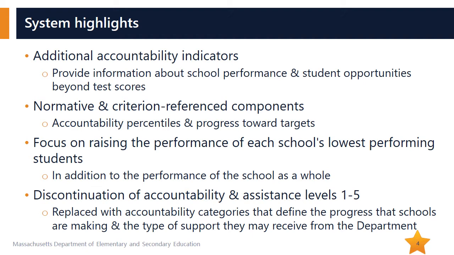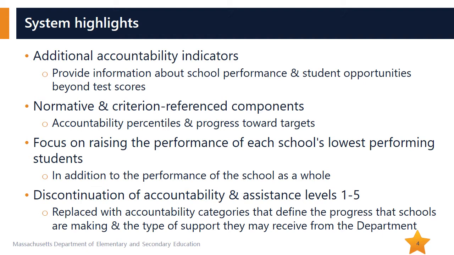There will be two components in the accountability system. The first is a normative component, or accountability percentile. This percentile will provide information about how a school is doing compared to other schools in the state. The second component is criterion-referenced and will provide information about how a school is doing in meeting targets.